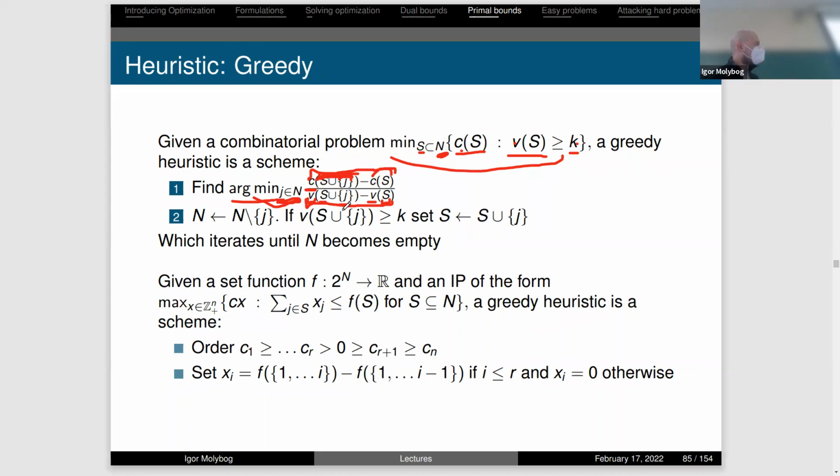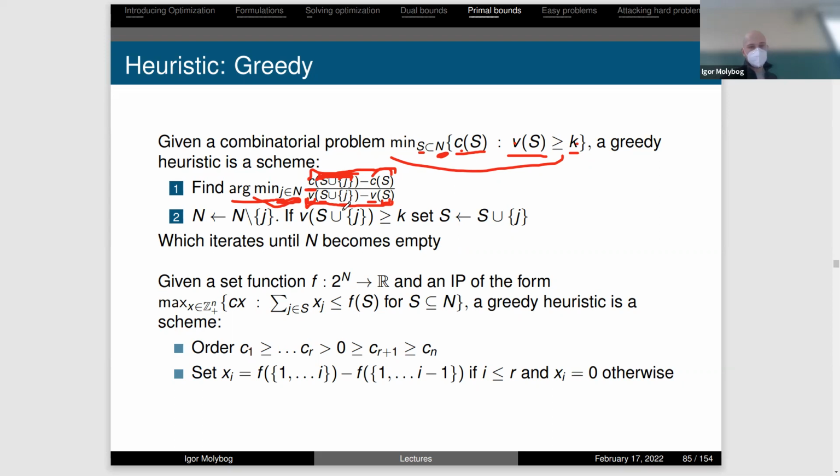So we are essentially trying to find a J for which the relationship between the additional cost and the excessive infeasibility would be the smallest.